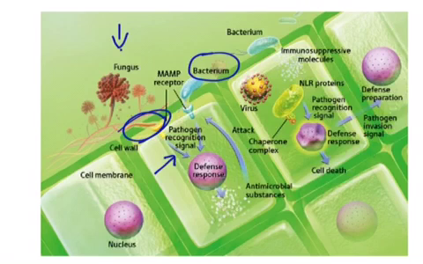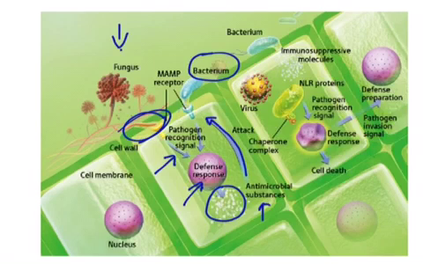a set of chemical reactions, a signal cascade, which will trigger some kind of activation of DNA in the plant nucleus, which will lead to the production of various proteins, which could be enzymes or other kinds of proteins that act as antimicrobial substances, which then in turn will act on the pathogen that has invaded the cell.